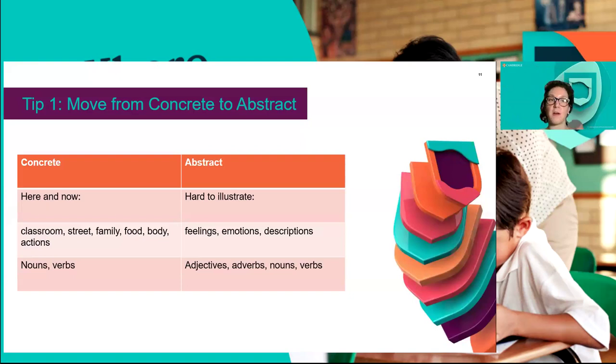Moving on. So first tip, move from concrete to abstract. I believe that you noticed that all the Cambridge courses start with the topic in the classroom, or classroom objects, or classroom language, or at school. Why?